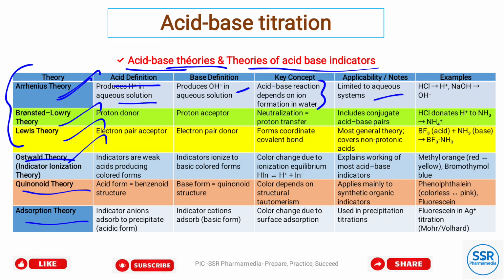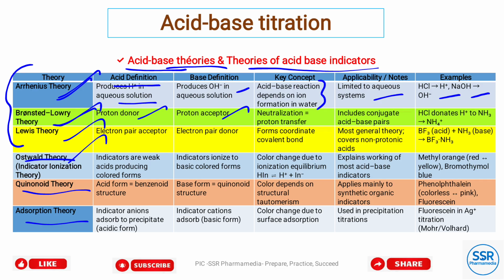For example, HCl dissociates to give hydrogen ions in water and sodium hydroxide dissociates to give OH minus ions in water.